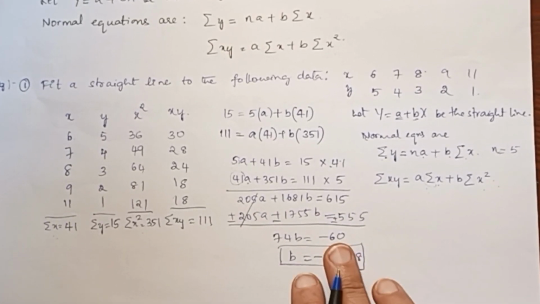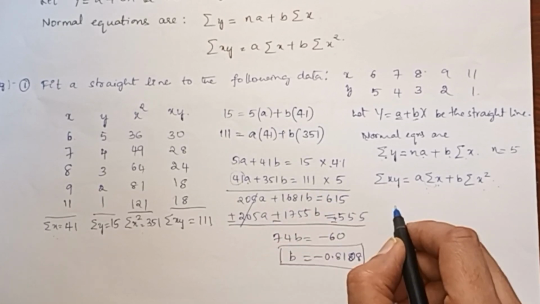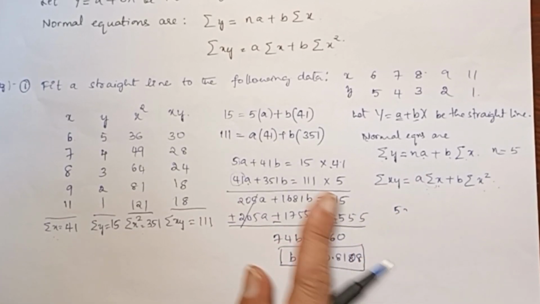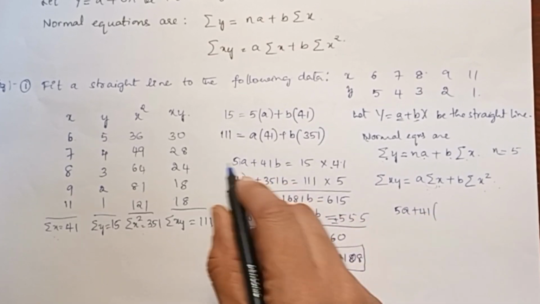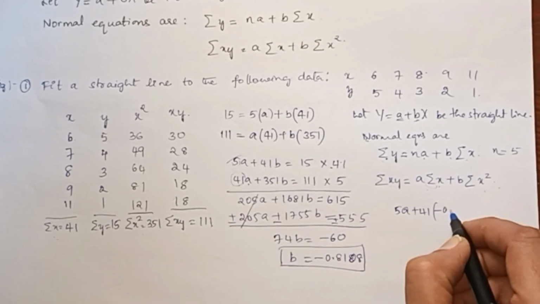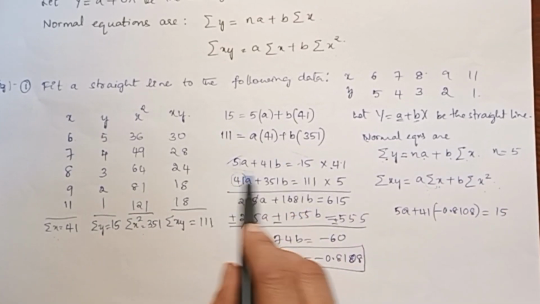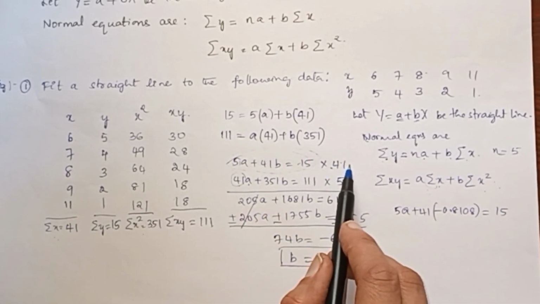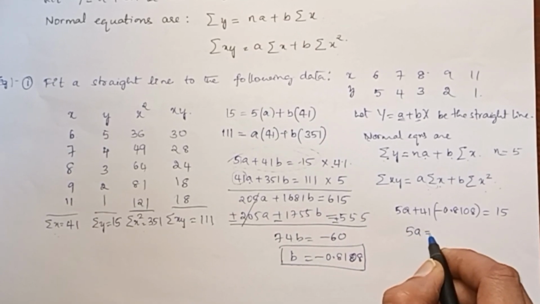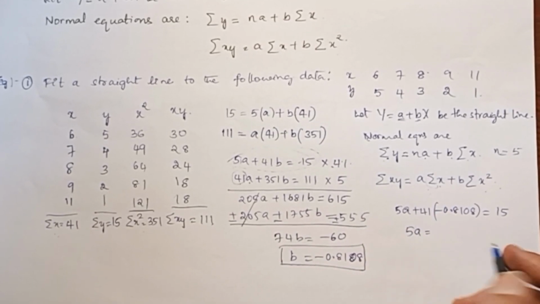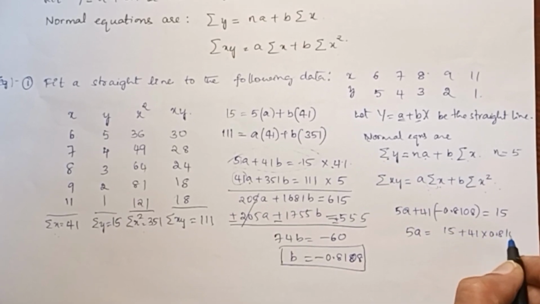Similarly, once you obtain B, you have to substitute the value of B in any one of these equations. Let me substitute here either the first one or second one. 5A plus 41, I am using this first one, into B is minus 0.8108 equal to 15. This directly first one you use. No need to multiply it with 41. So 5A equal to, you have to simplify this. This is 15 plus 41 into 0.8108.